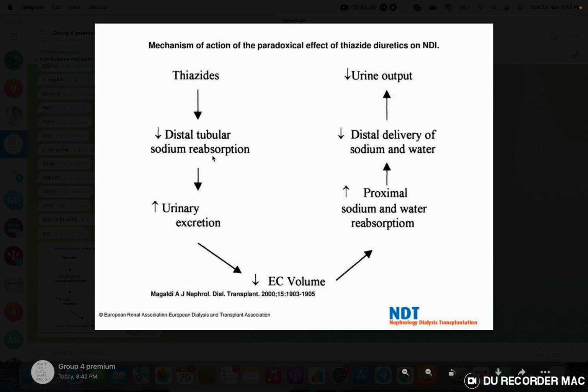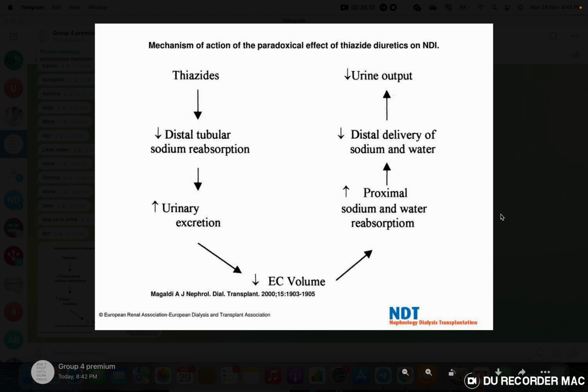So your extracellular volume goes down big time. If your extracellular volume goes down, your kidney will be hypoperfused. So which system will be activated? RAS. And that will lead to proximal sodium and water reabsorption because of the effect of angiotensin II. So there will be less distal delivery of sodium and water, which decreases the urine output.